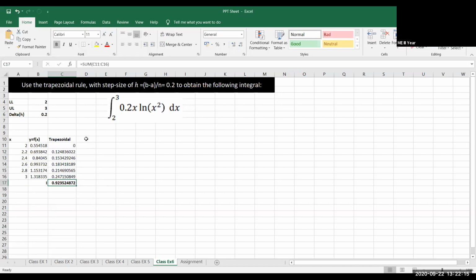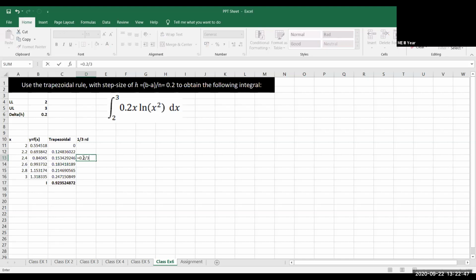Now simply using Simpson's 1/3 rule, you have to start with the third cell. What is the formula for Simpson's 1/3 rule? It is h by 3, so 0.2 divided by 3.